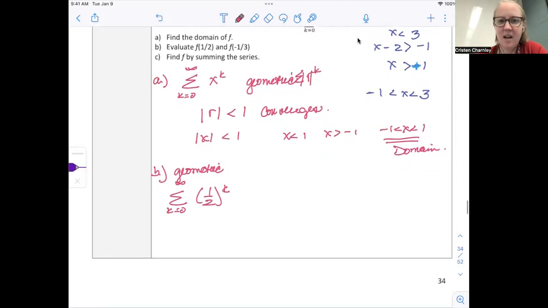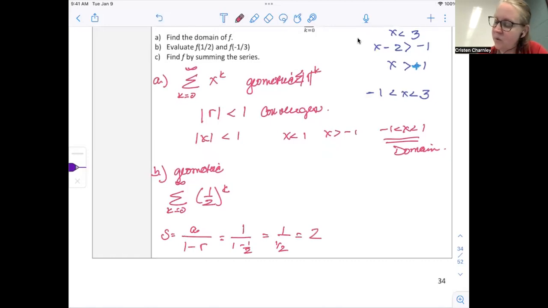So that sum, and this is going way back, if you look at those formula sheets, the sum for your geometric series is a over 1 minus r. So for us, a is 1, so it's 1 over 1 minus 1/2. This is 1 over 1/2, which is 2, and that's perfect.